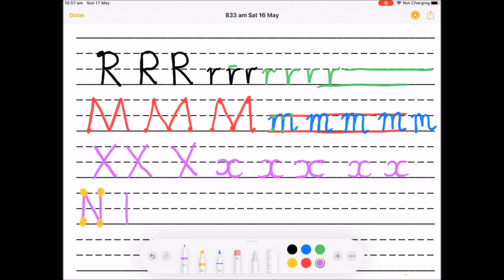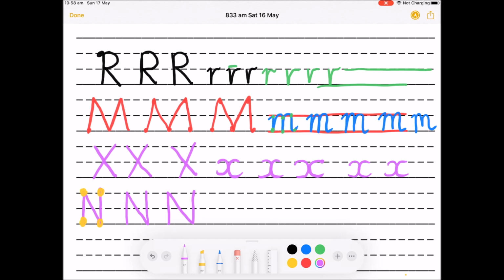So he comes straight up, down at an angle, and then straight up. So straight line, down on an angle, straight up. And again, not going into that top dotted third, so not doing it really big like this, because that's not what the dotted thirds are for.